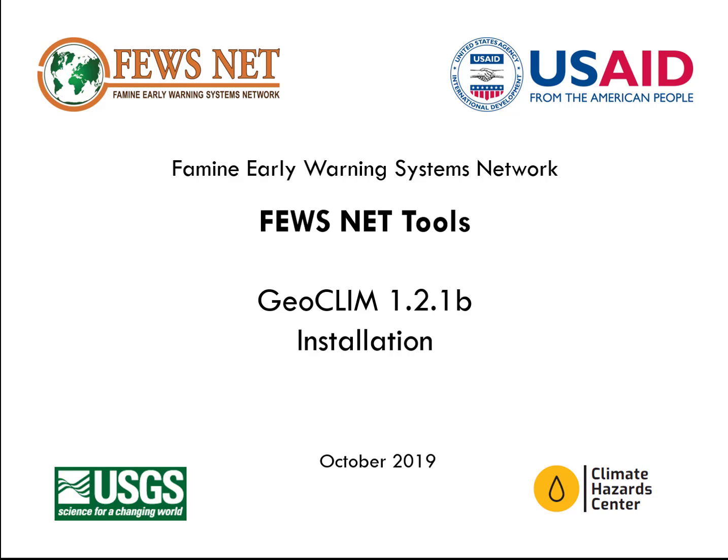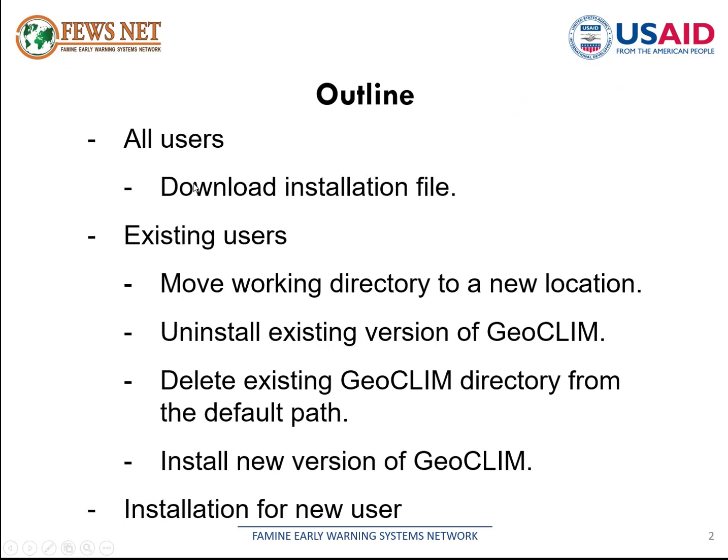This is the installation of the GeoCLIM. We're going to install the GeoCLIM 1.2.1b. This is a testing version, but this is the last version that we have right now. So in the next few slides, we're going to take a look at how to download the new installation file. That will be for all users.